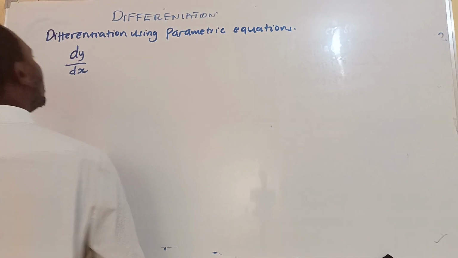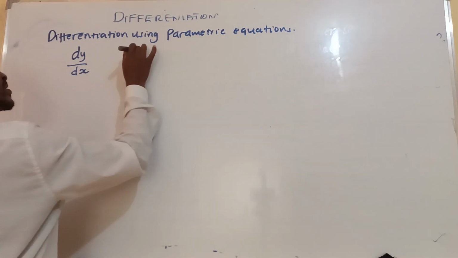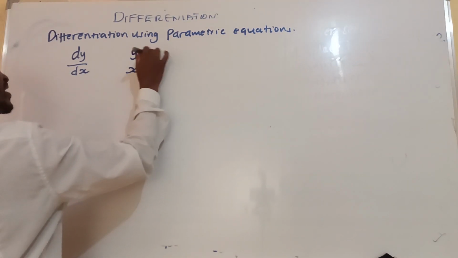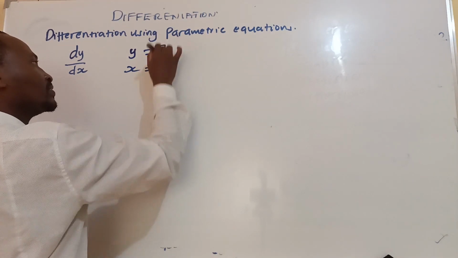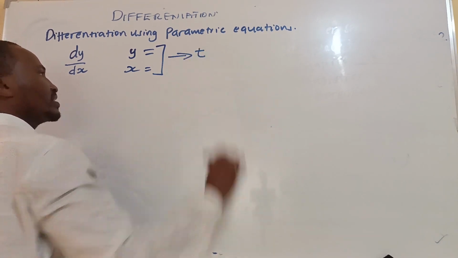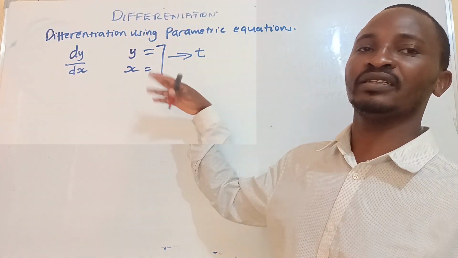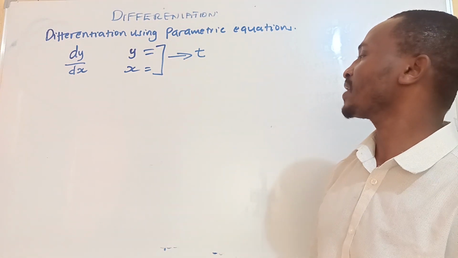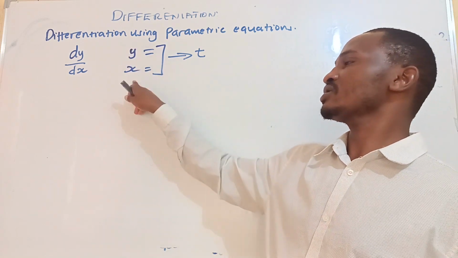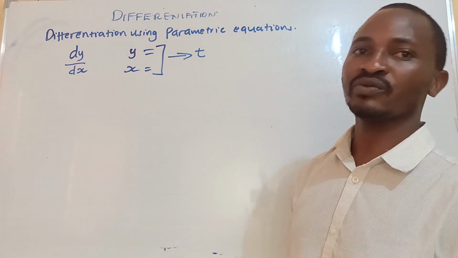Say both y and x are given in terms of another variable, say t. That variable is our parameter, and these two equations are our parametric equations.